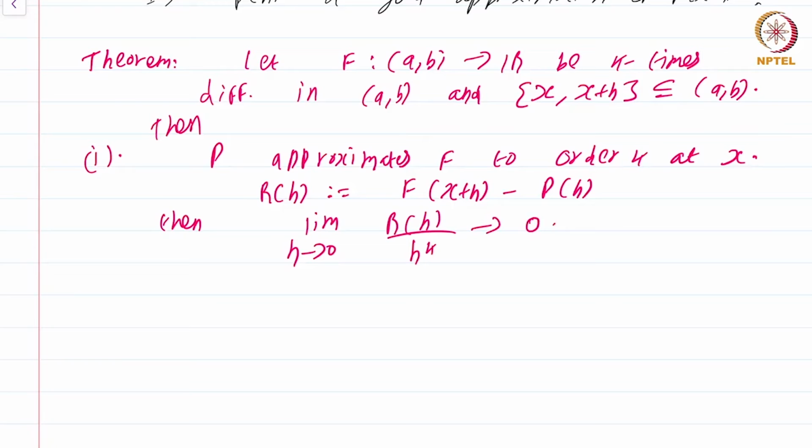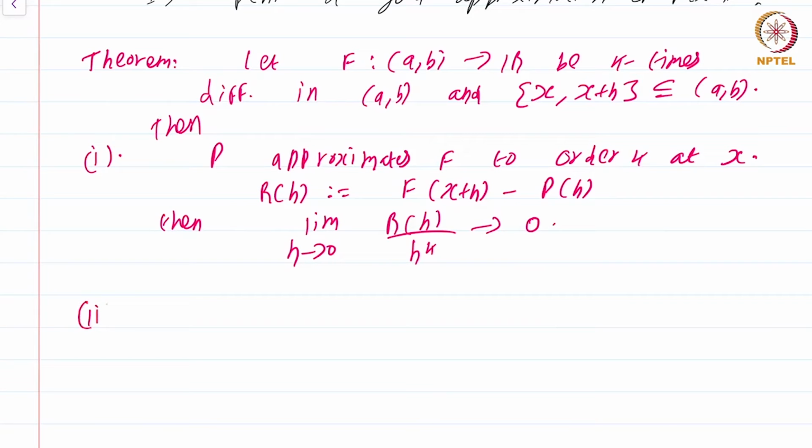So this just says that the remainder term f of x plus h minus p of h gets really small as h goes to 0, and this is quantified by saying it approximates to order k. R of h by h power k itself goes to 0, not just R of h by h as what happened in the definition of the derivative.